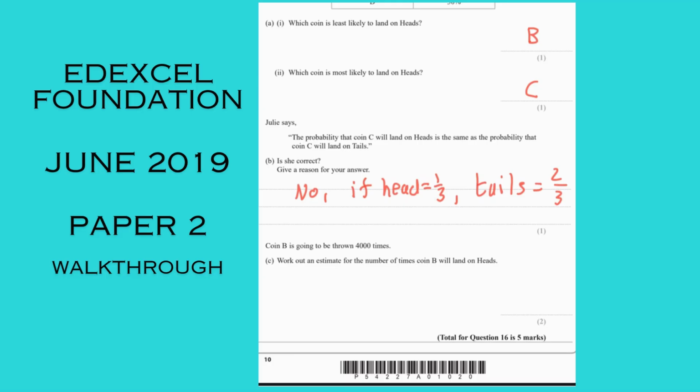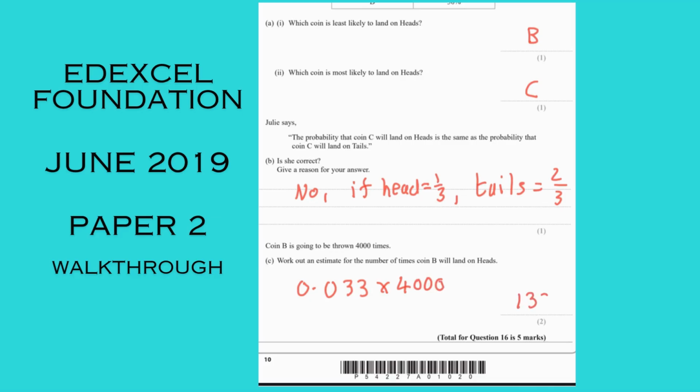Finally, expected outcomes. If you've got the probability of something happening, so coin B is that, you multiply it by the number of times you do the experiment.